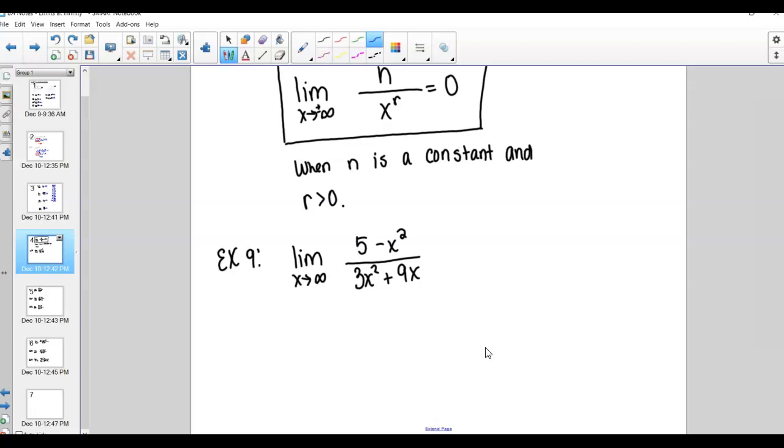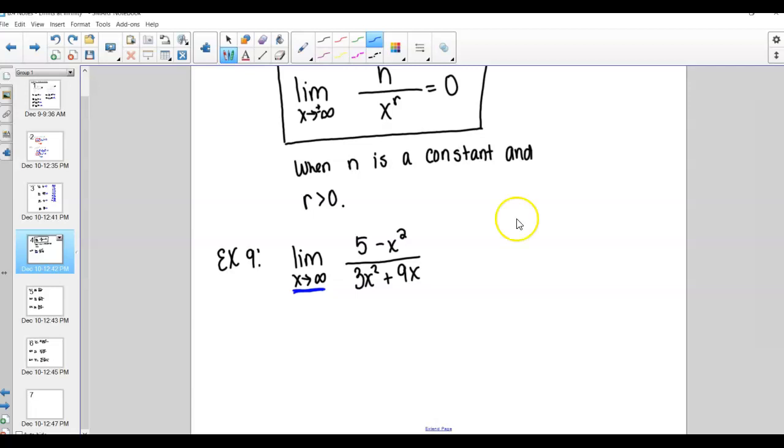So whenever we are looking at a problem like this, first of all, we only do this for x approaches infinity. If it's x approaches a number, we're going to plug that number in and try direct substitution. If direct substitution doesn't work, if we get 0 over 0, then we probably might need to factor and cancel or something like that.